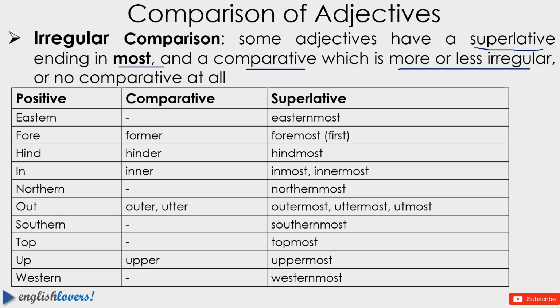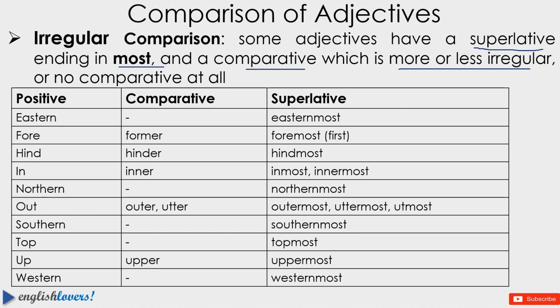The next is northern. There is no comparative form to this adjective and the superlative form is northernmost. The next is out. In positive, the comparative form of out, there are 2 forms, one is outer and the other is utter, and the superlative forms are outermost, uttermost, and utmost. So it has 3 superlative forms. The next is southern.